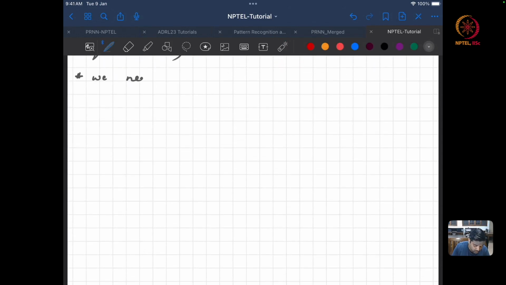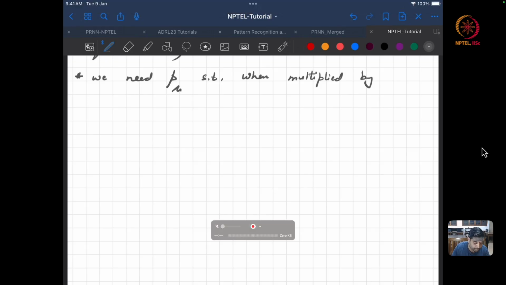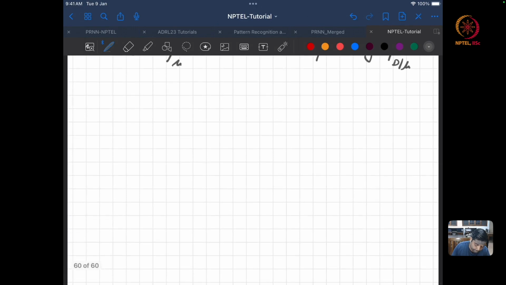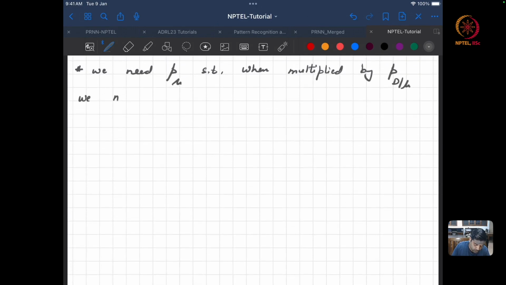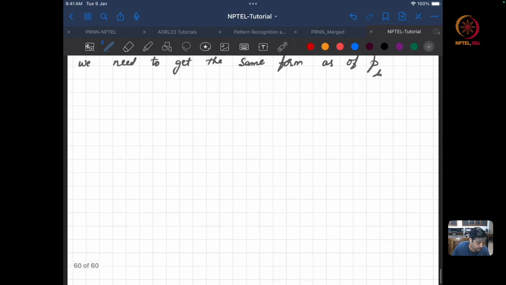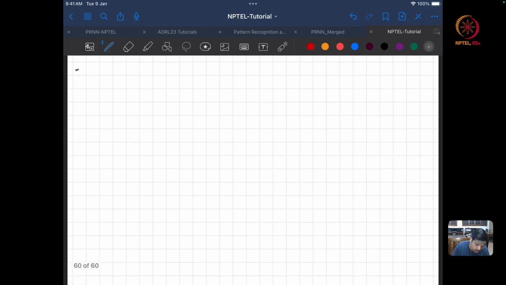So let's make a note of that. We need P of mu such that when multiplied by the likelihood of mu, we get the same form as P of mu.